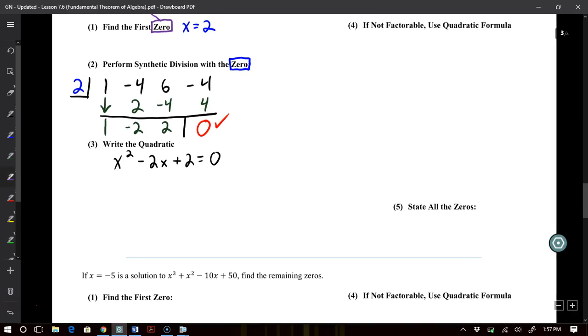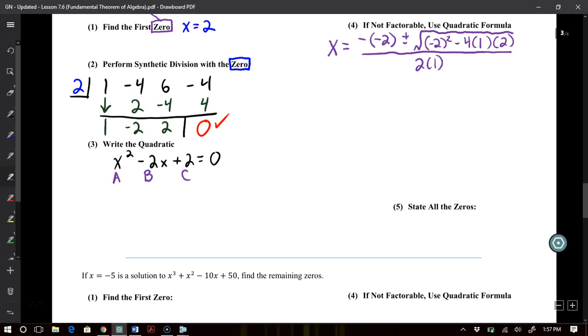So we go back up to our quadratic formula, x equals -b, which in this case, my b is -2. So negative of -2 plus or minus the square root of b squared, so parentheses, -2 squared, minus 4 times a, which a is 1, times c, which c is 2, all over 2a, so 2 times 1.